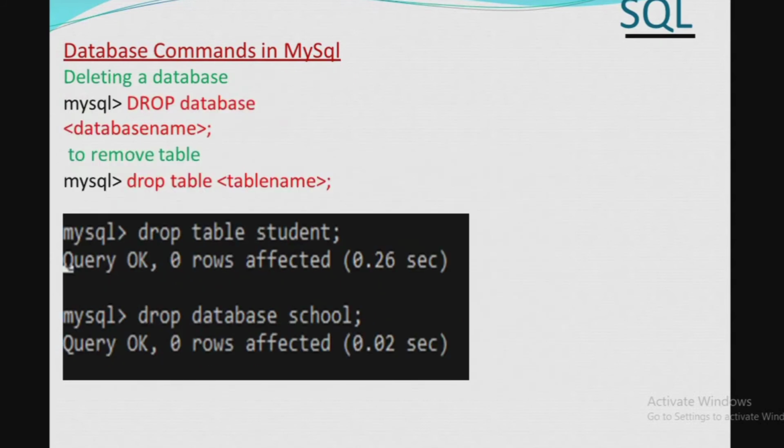Describe is used to view the structure of a table. We can delete the table and database by using drop command. Drop table, table name, drop database, database name will delete the table and database.